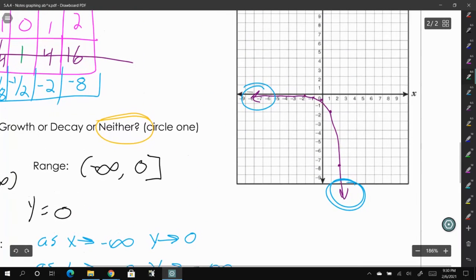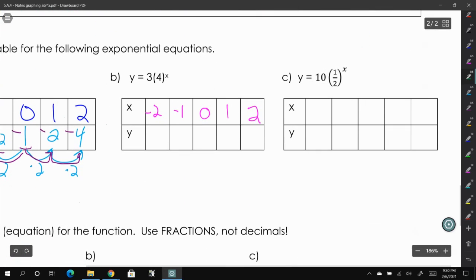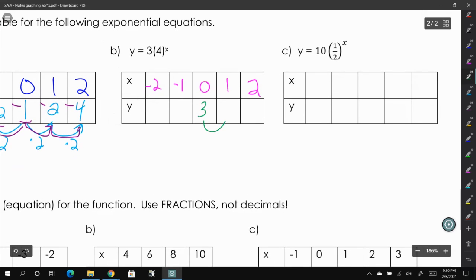So it's going to be 0, 3. And then we're going to be multiplying by 4 each time. Times 4. Times 4. Times 4. Times 4. So 3 times 4 is 12. 12 times 4 is 48.